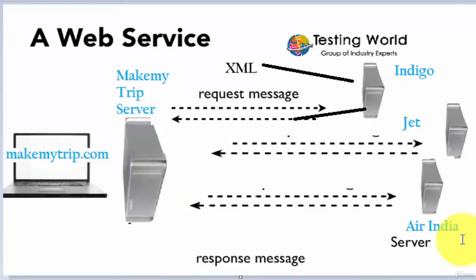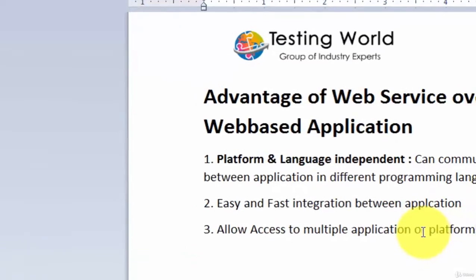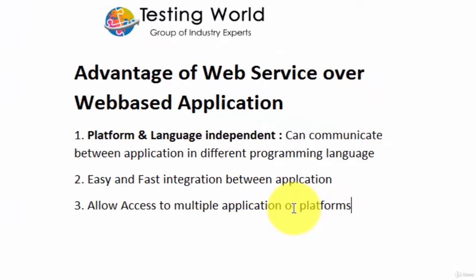So here multiple applications are communicating together, and this is done very fast and in a very easy manner just because we are passing data and receiving the data again in a common mechanism which is XML. So no need for direct integration. So ultimately two applications are working together without direct integration. So this type of integration is very fast and easy to develop.